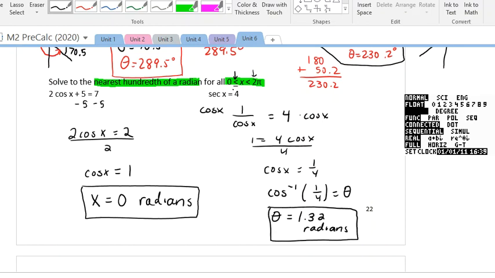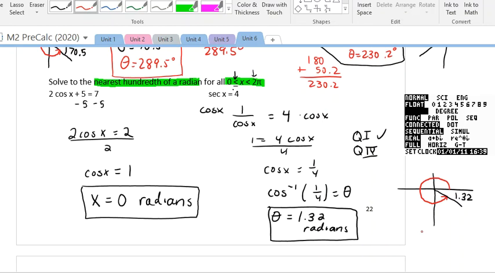But as we said before, cosine's positive in 2 different quadrants. So there's one in quadrant 1 and one in quadrant 4. We just found our quadrant 1 angle. Now we need to find the quadrant 4 angle. I'm going to set it up by drawing my picture. I have an angle right here of 1.32. And then I have this piece, which is one full rotation except for the 1.32.